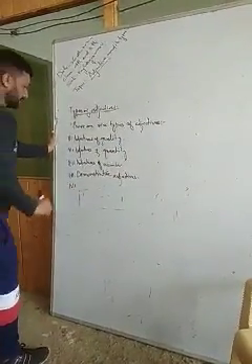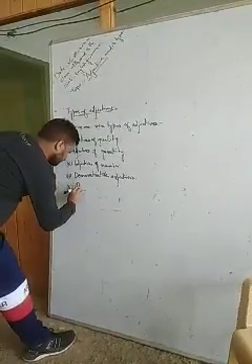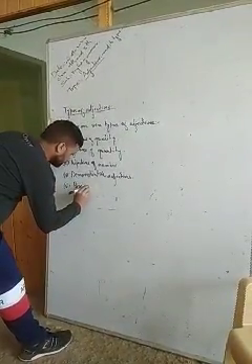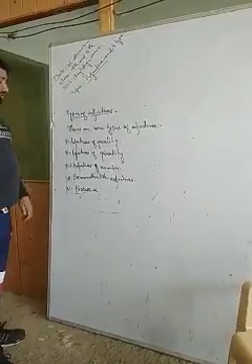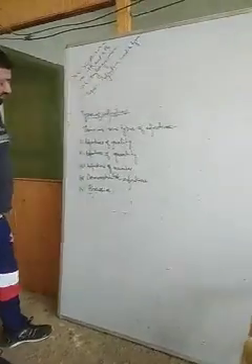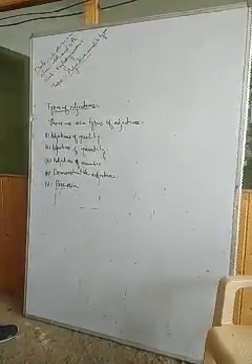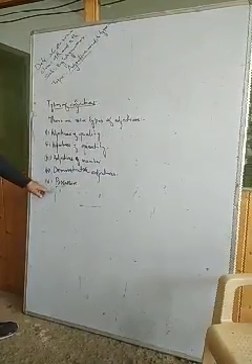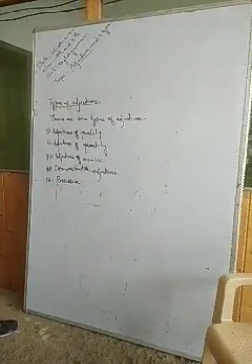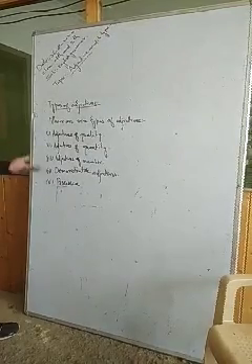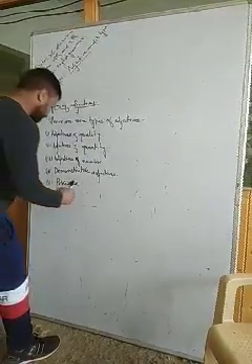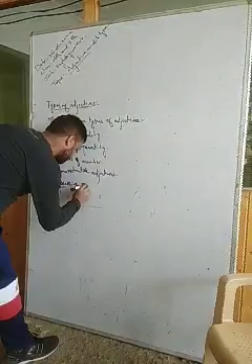Fifthly, possessive. There's a controversy over the pronunciation of this word. In British English, it is to be pronounced as possessive. But in American English, we pronounce it like possessive. Possessive adjectives.